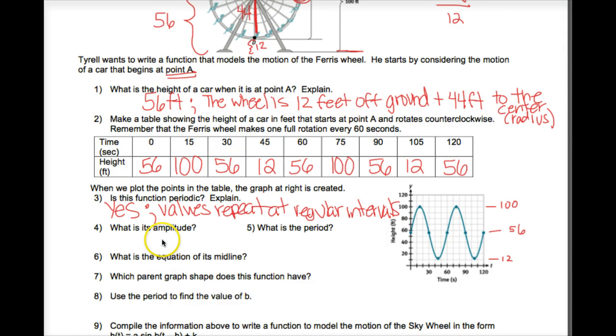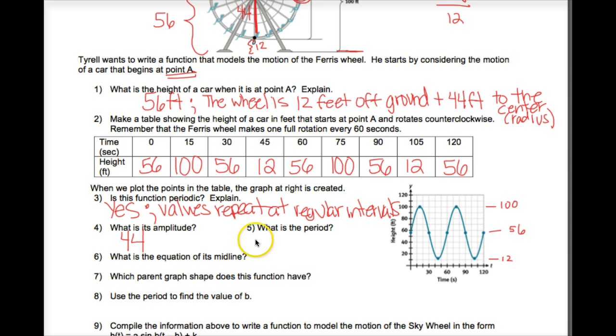Hopefully you haven't forgotten how to calculate amplitude. Amplitude, remember, is the distance from the midline to the maximum, or it could also be considered half of the height. So the entire height is from 12 to 100, which is 88 feet. So half of that is 44. So 44 is the amplitude here.